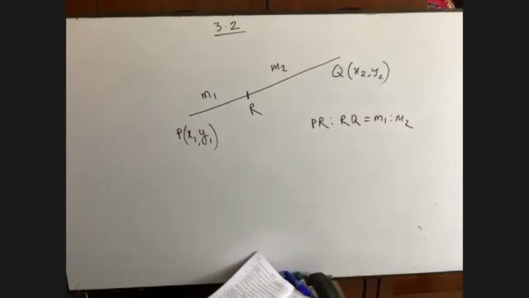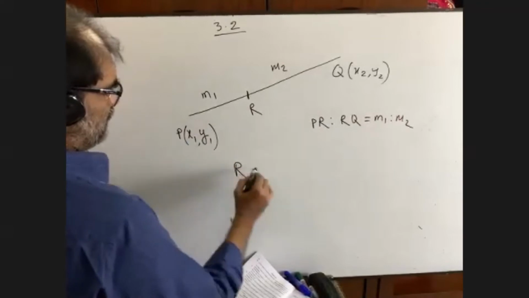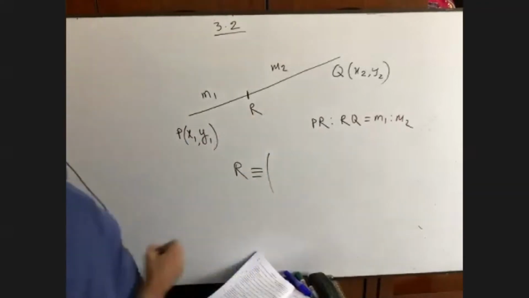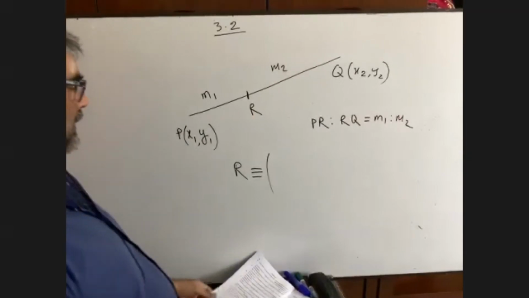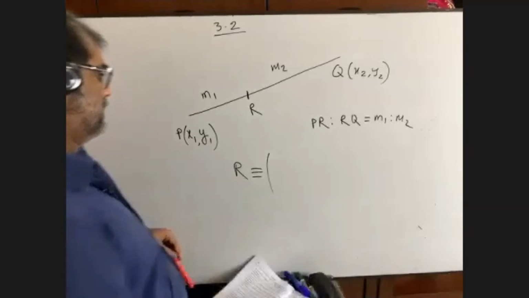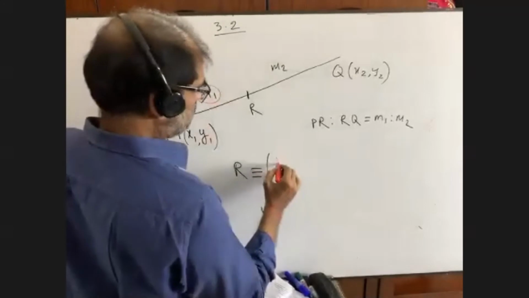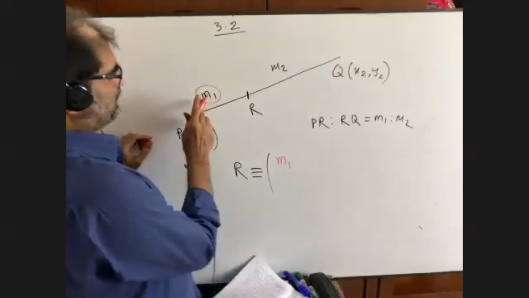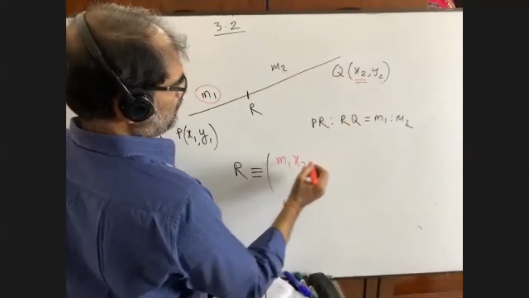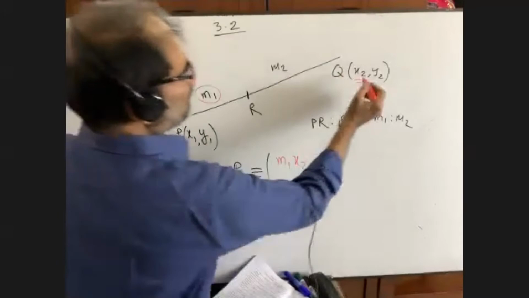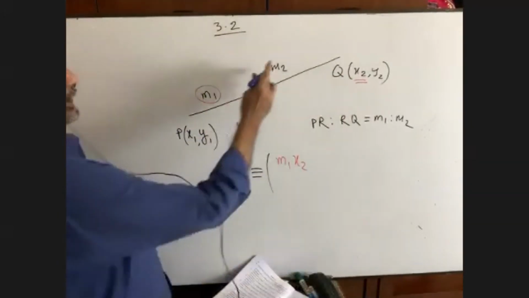Now the question is, what is the coordinate of R? R is equal to what? Who can tell me? Remember one thing, when you find R, please try to understand. This is M1, write down, this is M1. When you have written this, go there, M1 X2. Then you go there, M2.